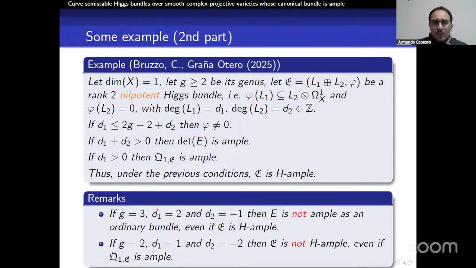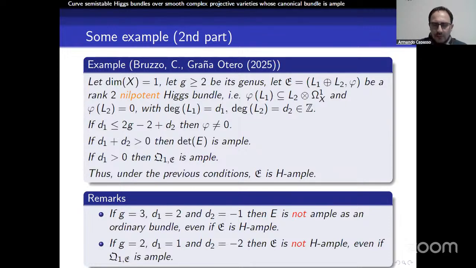Okay, what's the point? The point is an ample vector bundle or a nef vector bundle is Higgs ample or Higgs nef, respectively. But the reverse does not work.